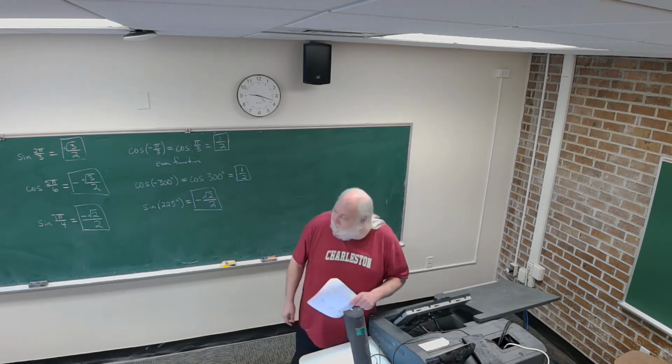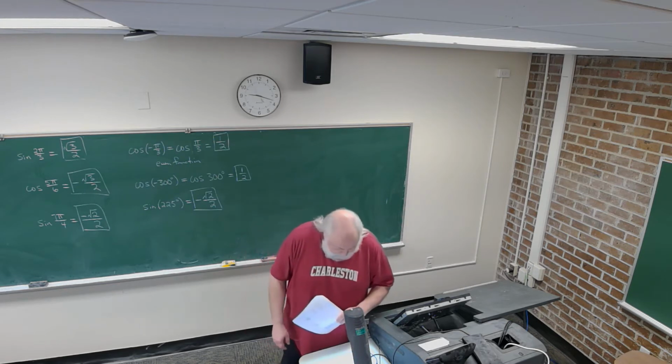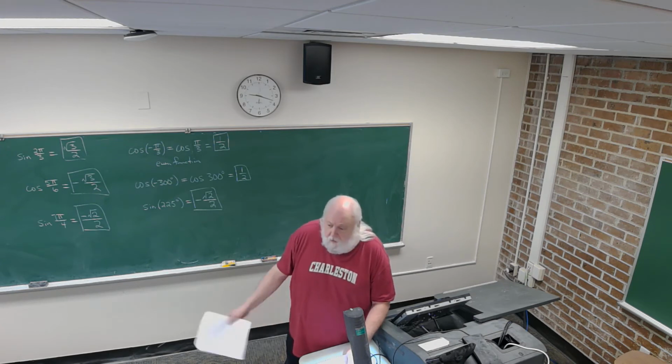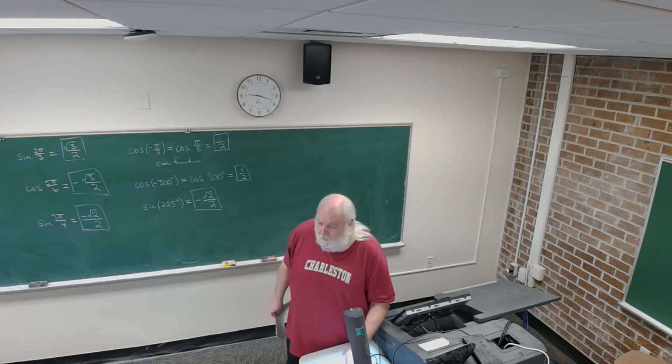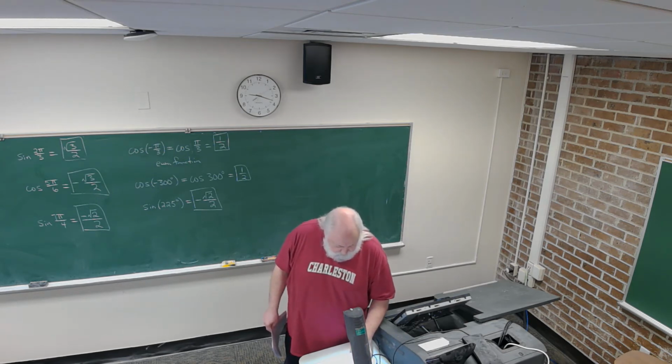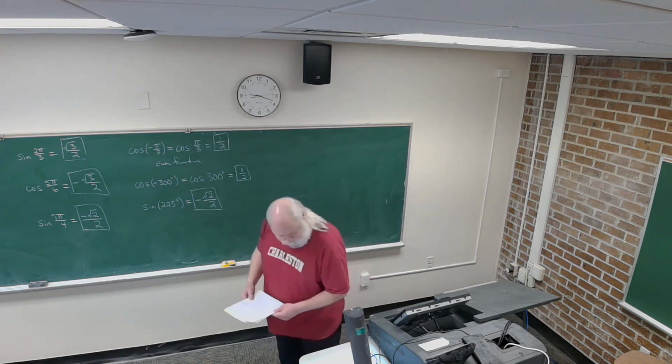So on the previous page, page 5, it says find all values of t in the interval from 0 to 2 pi. So that's one trip around the unit circle, counterclockwise direction, that satisfy the given equation: the sine of the angle t is equal to square root of 2 over 2.